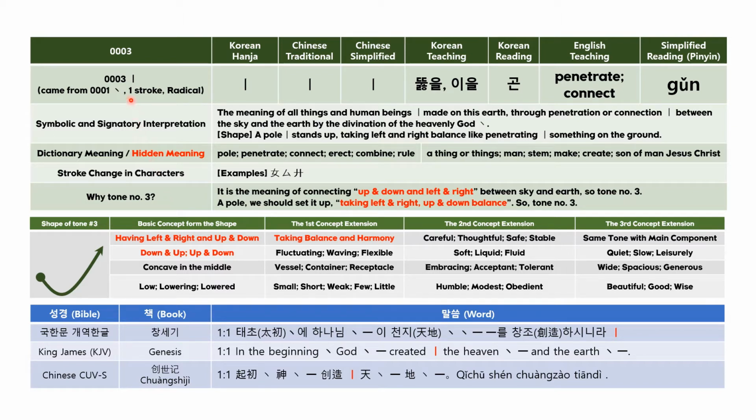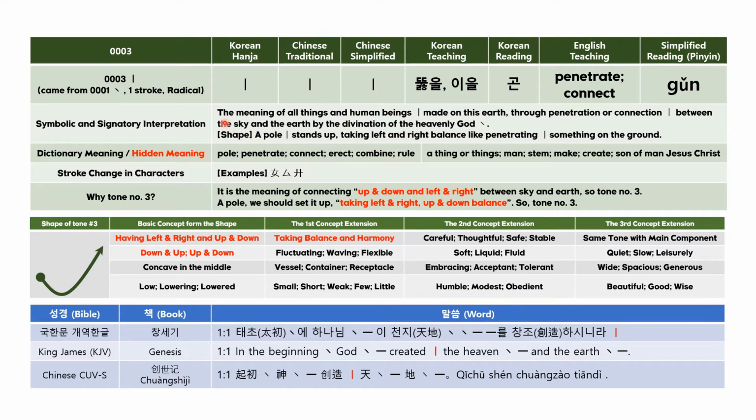This character is just one stroke and one of the radicals. It came from the dot, which we have learned already. So the symbolic interpretation of this character, please look at.